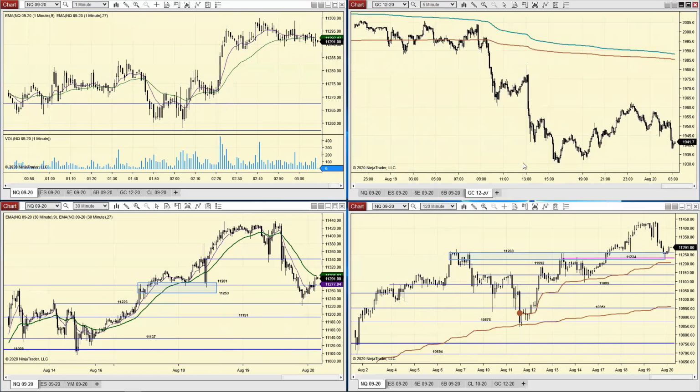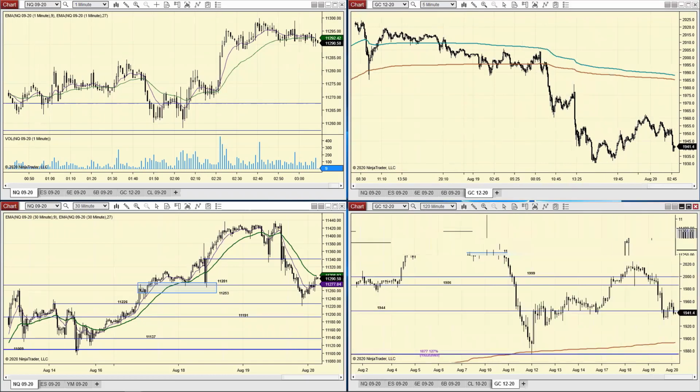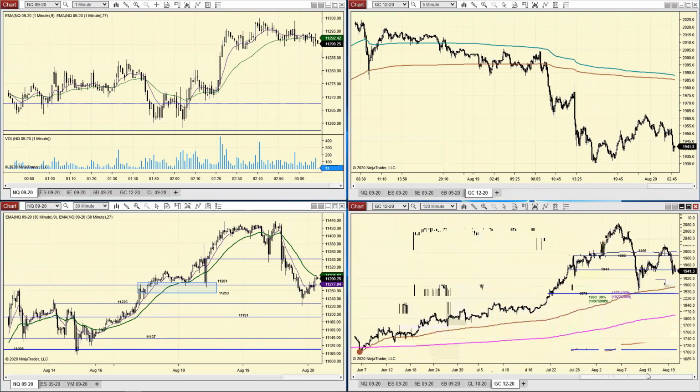We did see a pretty big reaction here in the gold market. Let's take a look here. Pretty decent pullback there. Already had a pretty good run here in gold. We may see that come back here towards this June 7th VWAP.